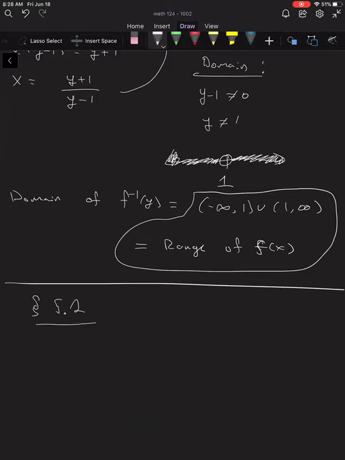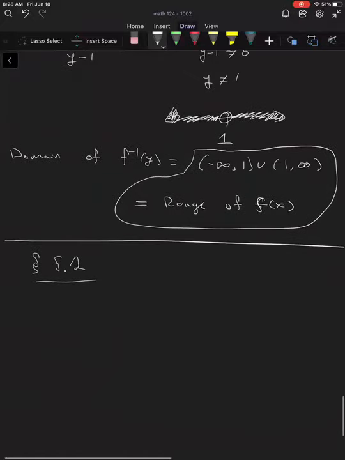There's really only one problem from this section. So this is just doing graphs and we're doing more transformations and stuff. So the only difference now is we're doing the exponential function.